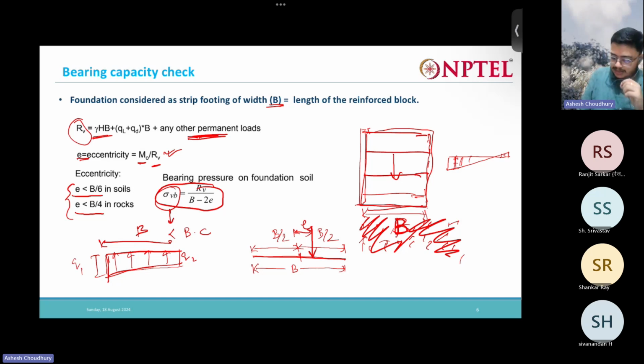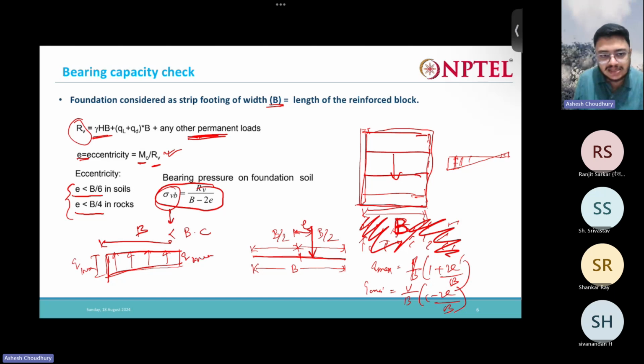You might remember this relation. So Q max is equal to what? I also forgot. V by B times 1 plus 6e by B, something like this is there, right? And Q min is nothing but V by B times 1 minus 6e by B. Right, Q max and Q min.